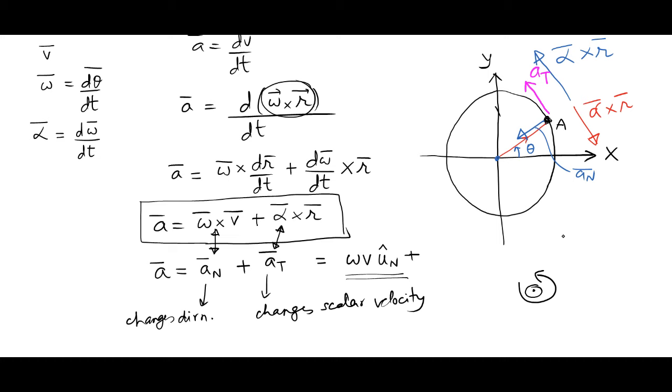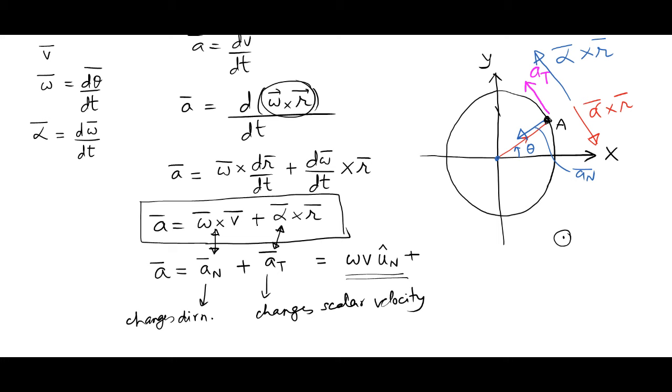So you allot this direction as the positive direction for omega, because it is consistent with the direction of motion of the particle, which is actually in the anticlockwise direction.